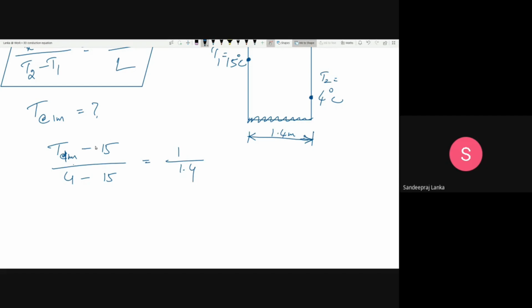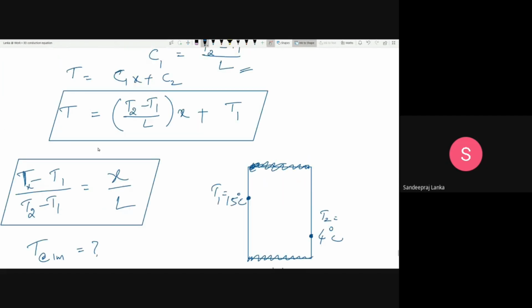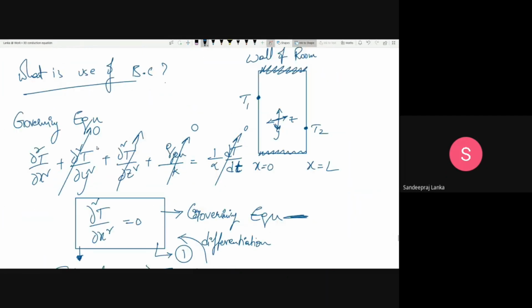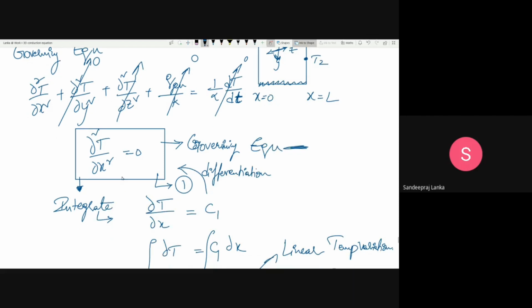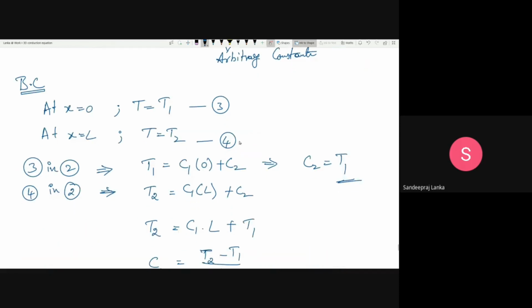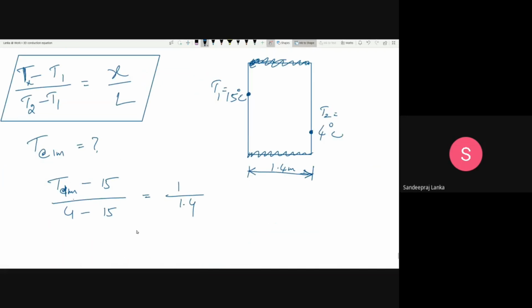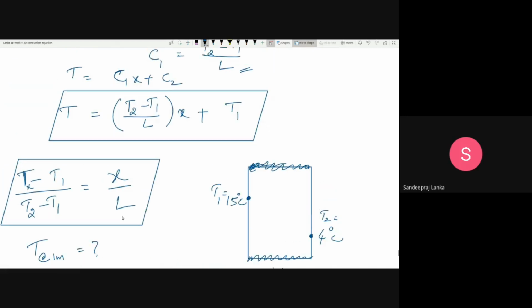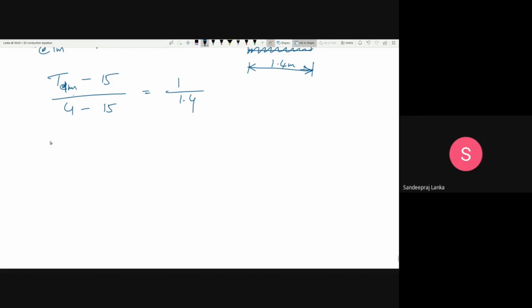So what I'm doing is using a governing equation, and after the governing equation I've got a general solution. Converting this general solution into a useful solution using the boundary condition, I have got a real solution. Okay. So in any heat transfer problem, the steps are these.